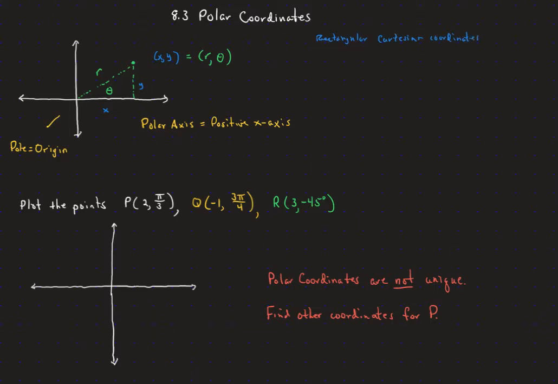We know from what you've done in the past that every point in the plane has a location, kind of an address, where you go at whatever the x coordinate is in the horizontal direction and whatever the y coordinate is in the vertical direction, and that takes you to a particular point. And that's unique.